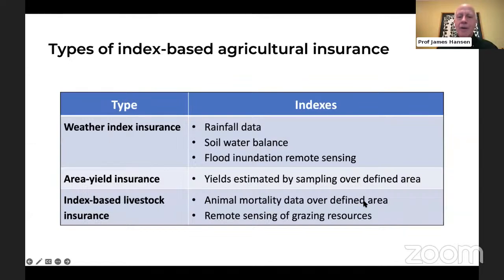One case that I know about is Mongolia in Central Asia, where severe freezes, extreme cold, can cause loss of herd mortality. In Africa, the index-based livestock insurance that I'm aware of is based on remote sensing of vegetation as a proxy for grazing resources and the carrying capacity of rangelands.